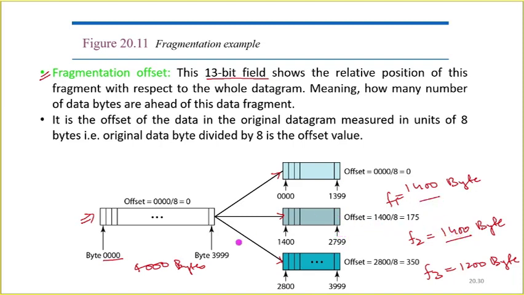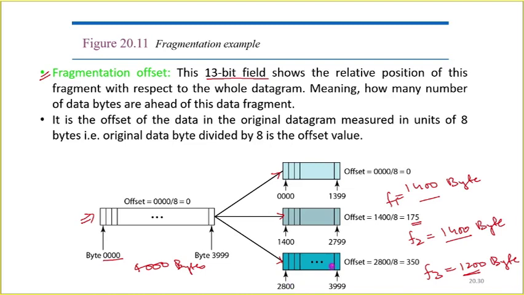Always the fragments are divided into equal sizes, 1400 and 1400. The remaining one is whatever size is left, which is only 1200, since it cannot be 1400 because 1400 and 1400 have already gone. For fragment 2, the first byte is 1400 divided by 8, which comes out to 175. That is the offset for fragment 2.